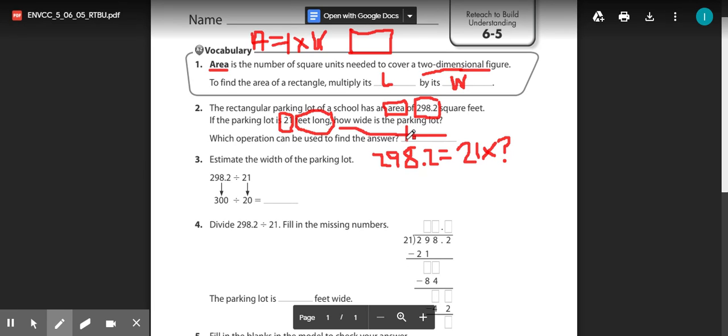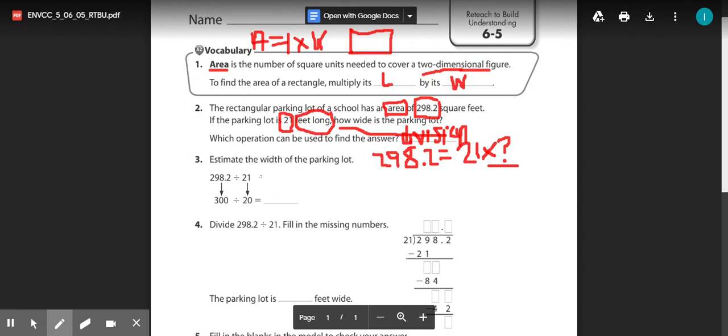So in this blank, you're going to put division. And that is what we are going to do. I'm sorry about my writing with this pen. Oh, it just takes so long. We are going to do division to figure out the missing width.